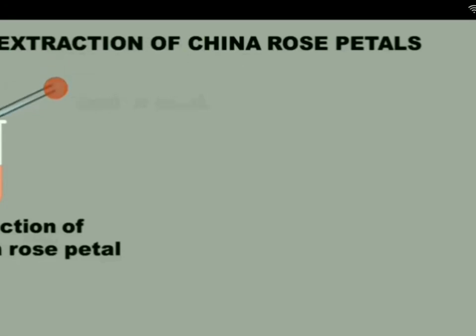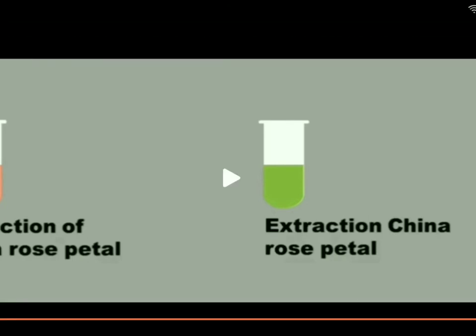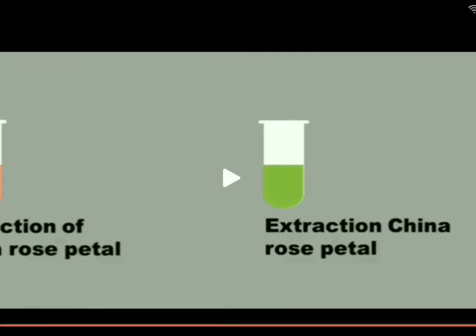Magenta color you will get. And if you put base, base means any soap solution or anything, the color changes to green color. So this gives a clear variable look. We'll clearly understand which is base and which is acid, because for acid it turns into magenta color and for base it is turning into green color.